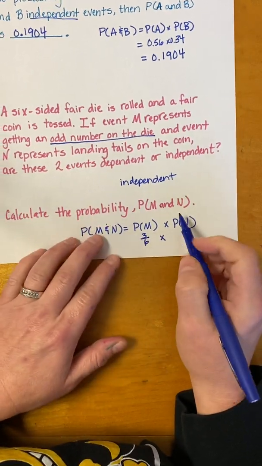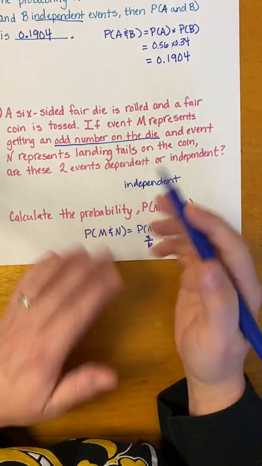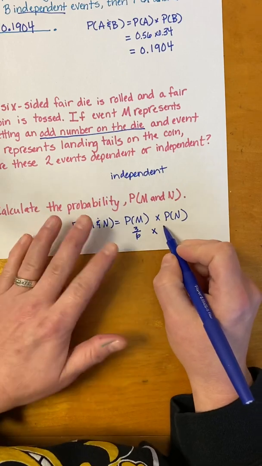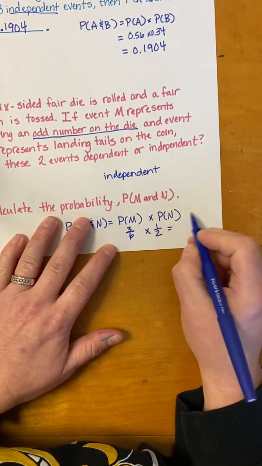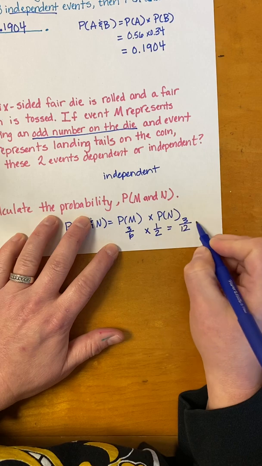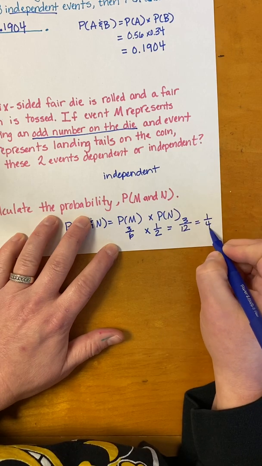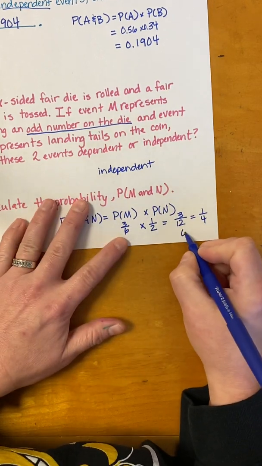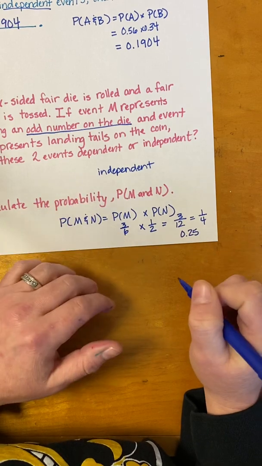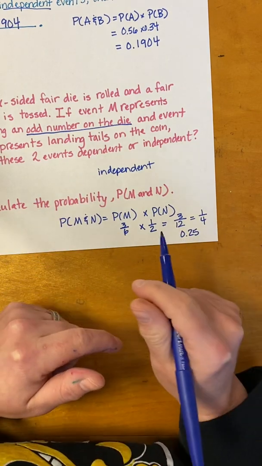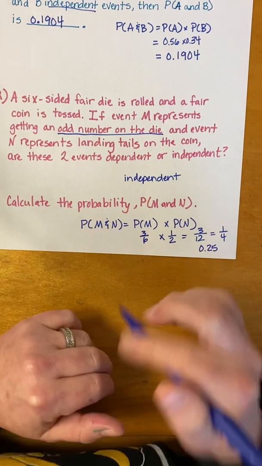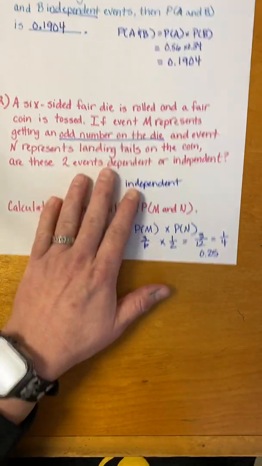And then the probability of me flipping a tail on a coin is, there's one tail, one head, so 1 out of 2. So that would be 3 out of 12 or 1/4. Or, as a decimal, 0.25. Or 25%. Okay? Let's do another one.